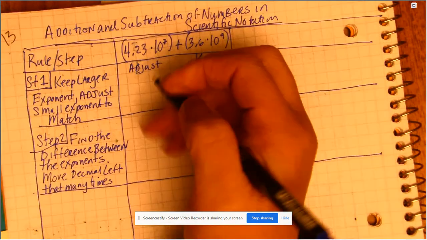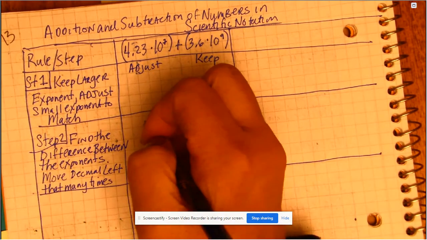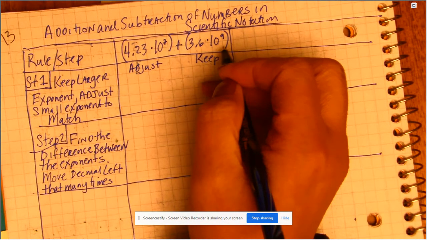So again, we had a 9, so 9 minus 7 is 2.